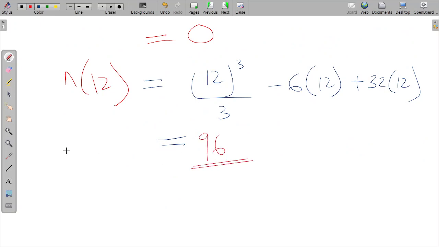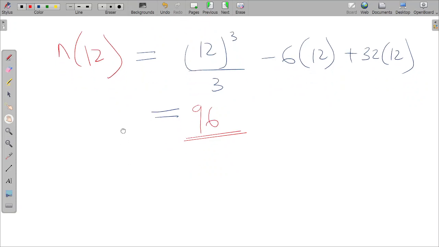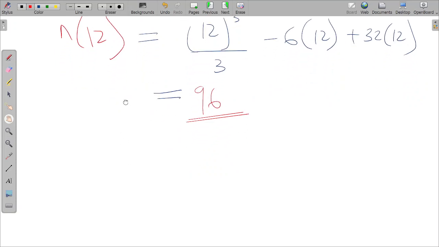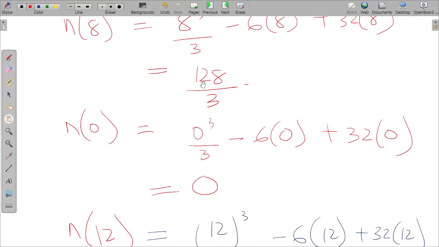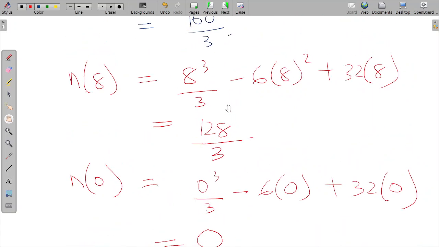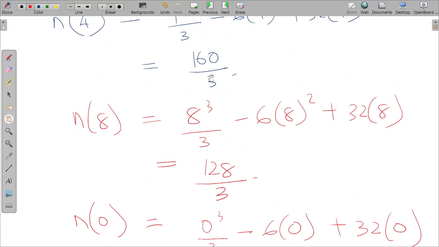Now, which of these will give us the maximum? We can see this is 96, this is 0, and this is 128 over 3, which is 42 point something.